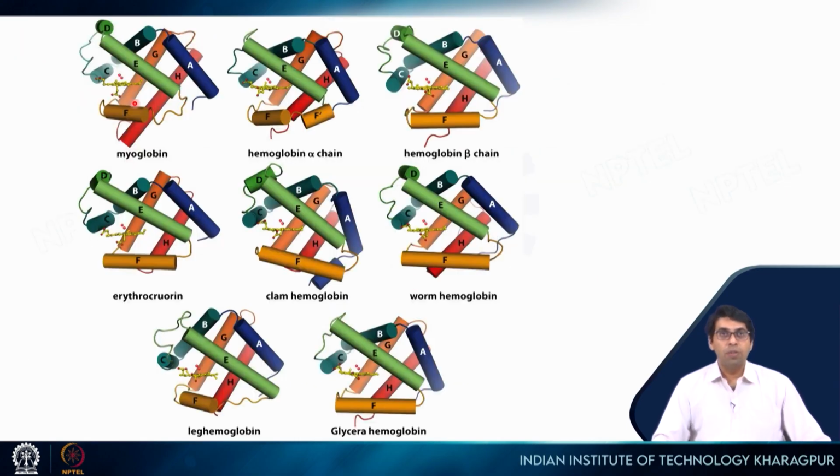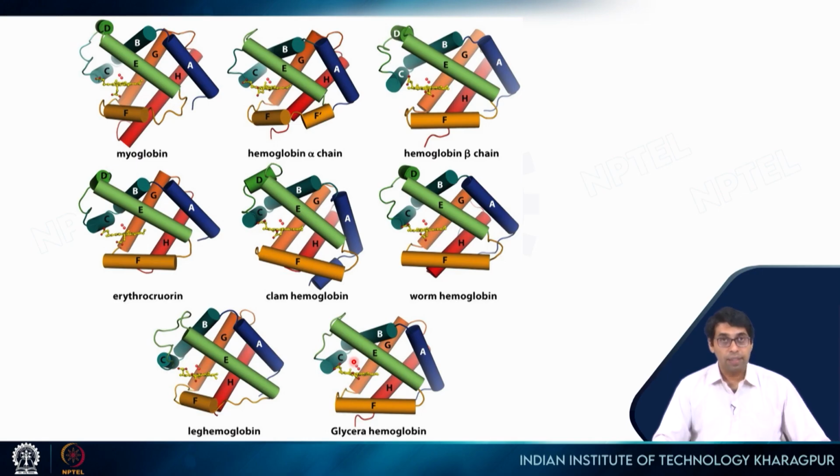Now, let us look at myoglobin, the hemoglobin alpha chain and beta chain, again similar proteins from other organisms, right. So, there are a total of 8 different protein chains from these different organisms. If you look at the structure, they look exactly the same, right.